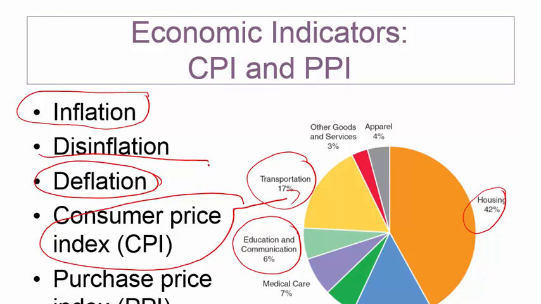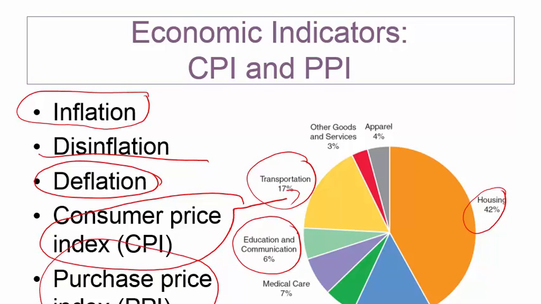Okay, and then we have the purchase price index. Purchase price index is what producers pay for the raw materials that they use to then make the products that go into the consumer price index. So I don't know, the price of lumber. We don't count lumber as part of the consumer index because that's included, that we're getting that through housing, aren't we?